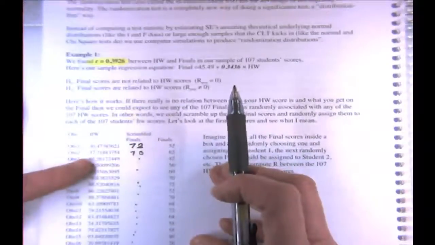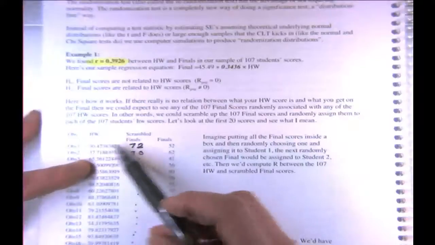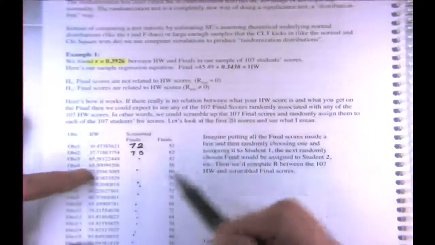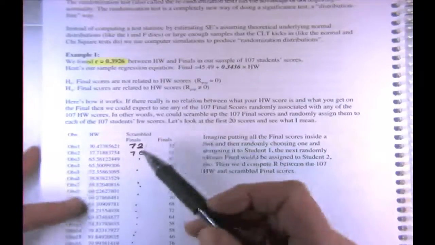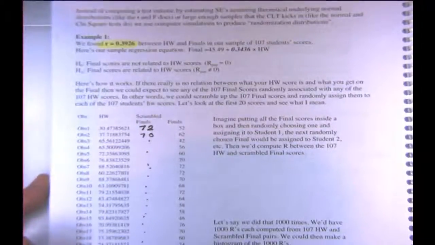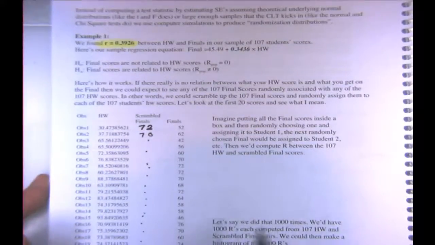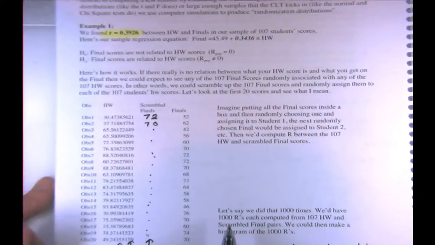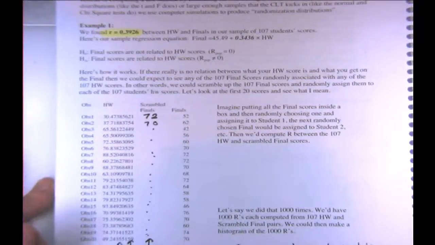So what are we going to do? We're going to take all 107 scores and just scramble them and compute the correlation coefficient that you get. We'll do it over and over and over again and compute all the R's we get and look at the sampling distribution under the null of those R's.